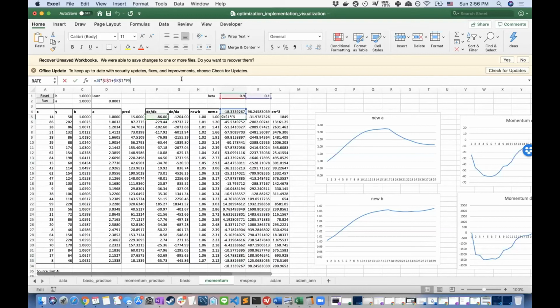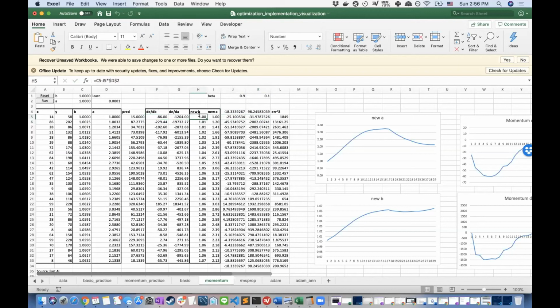But notice how this was calculated. Okay, J4 is this momentum, 0.9 times J1. So momentum times 0.9, as we said, plus your current gradient times 0.1. So that's your momentum. So you're not using your gradient dB to update it.